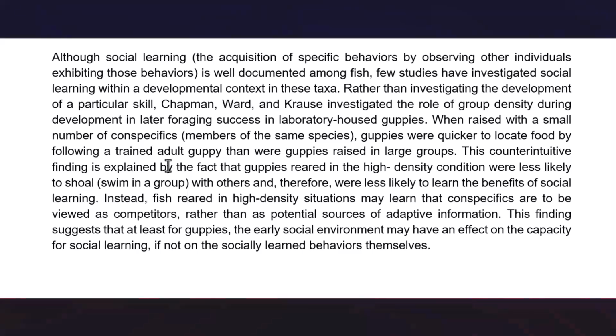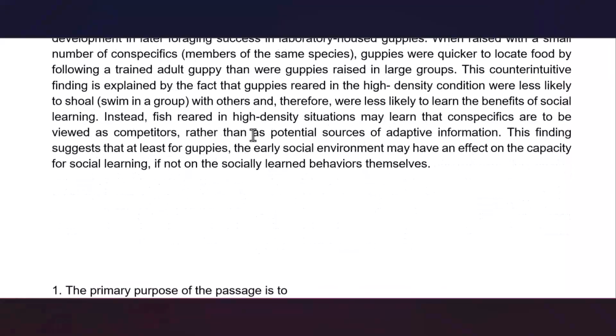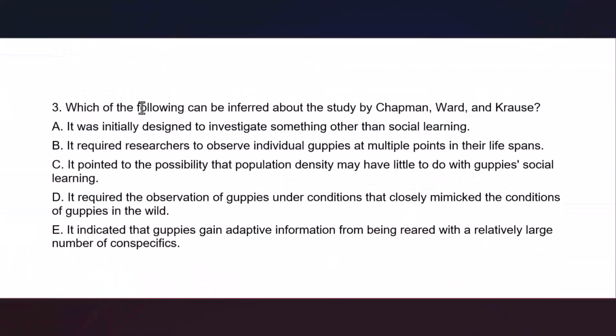So all these pieces of information imply that Chapman, Ward, and Krauss observed individual guppies at multiple points in their lifespans. Let me go back to option B. So this option seems correct, and more correct than option A, and we still continue checking the remaining options.